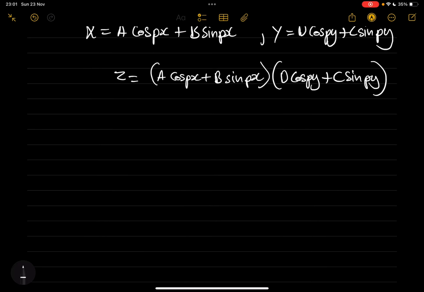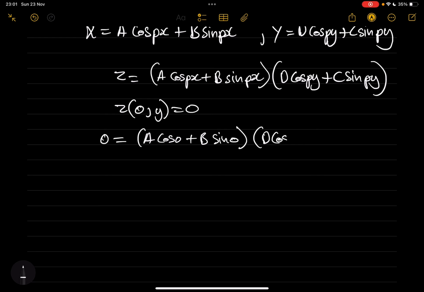Again, we evaluate the boundary conditions when x is 0 and z is equal to 0. So 0 is equal to (a cos 0 plus b sine 0)(d cos py plus c sine py). Obviously a, b, c, d are constants.